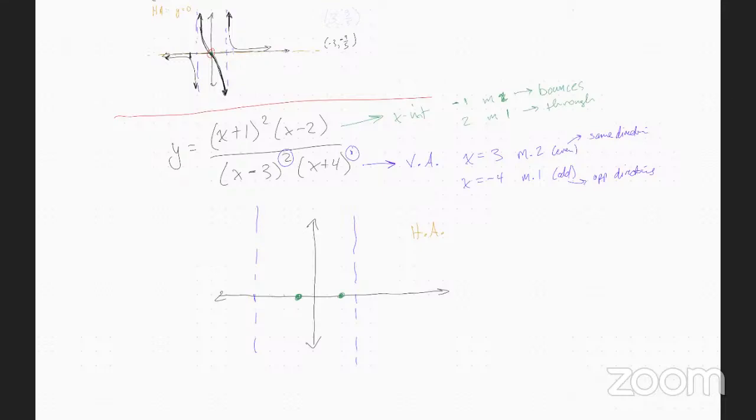And what's my y-intercept? If I plug in 0 for all of my x's, I should get my y-intercept. So 1 times -2 over -12.